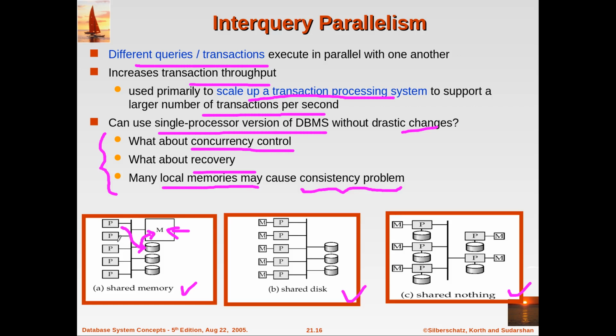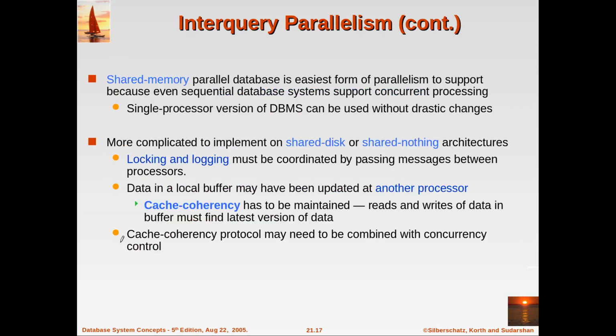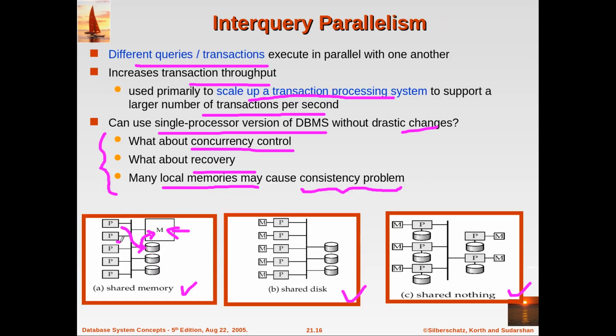At the same time, if some other processor wishes to access the same data, it needs to look into the same memory location. If it is being utilized by another processor, the second processor needs to wait.